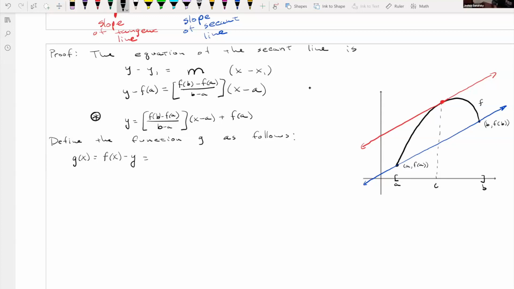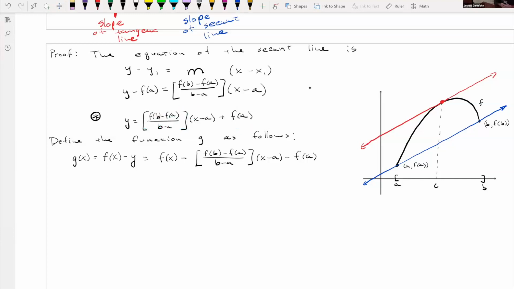So that's f of x minus f of b minus f of a all over b minus a times x minus a, minus f of a. Just to be clear, we took f of x and we subtracted this whole thing in blue, right? And because it's two terms, you subtract each term. That's why I have a minus sign in front of the brackets and a minus sign in front of the f of a. So that's what I've done.